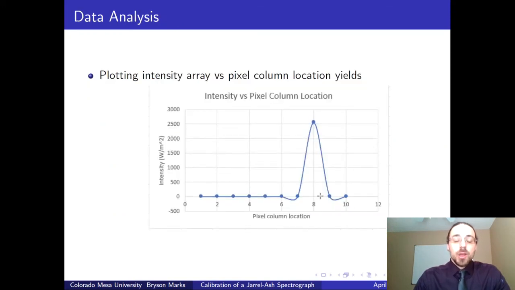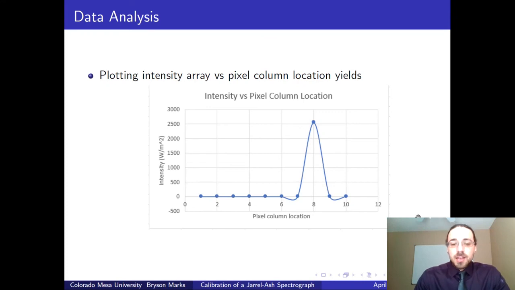Doing so, we arrive at this graph here. We want to see a peak, which we do. The unfortunate thing about graphing in Excel is that we have this divot here and also on the right side of the peak. This is just a consequence of graphing in Excel.